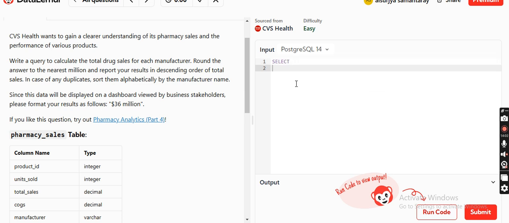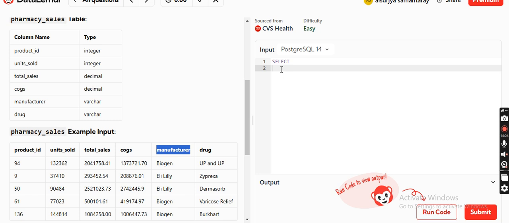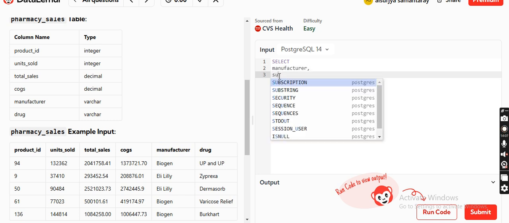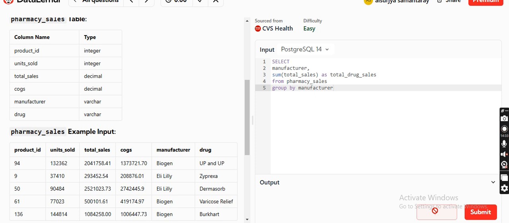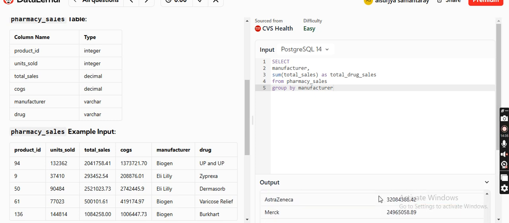So select manufacturer, sum of total sales as total drug sales from pharmacy, and what is that, group by manufacturer. Okay, so this is the first part of the question.